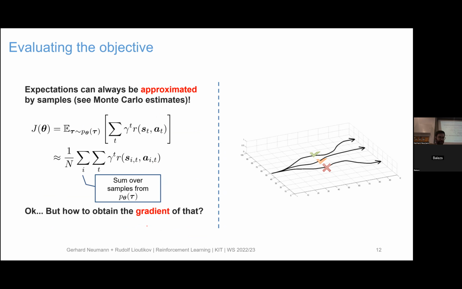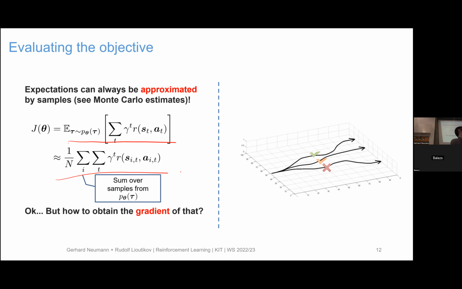And so how would we now go about it? We could say we are clever guys, so we know how to approximate an expectation. We can just take samples of the trajectory distribution, which means I just run my policy on my system and get trajectories. Then I compute the average, which is basically done here.